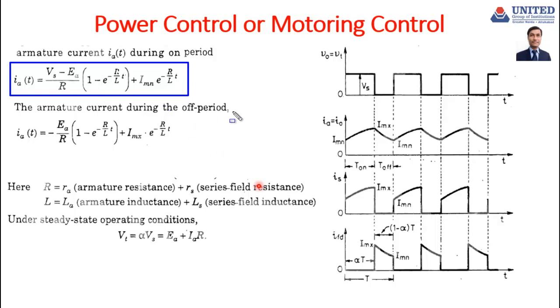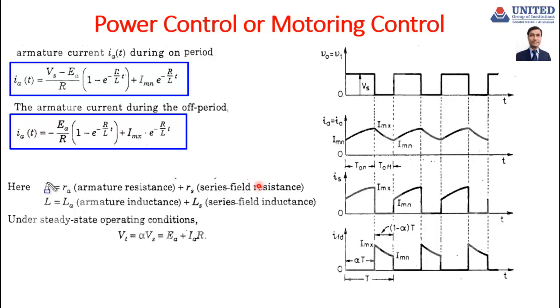And during the off period, the armature current will be minus of Ea upon R into 1 minus e to the power minus R by L into T plus I max into e to the power minus R by L into T. This equation can be obtained from this waveform by applying KVL during the turn on and turn off period in the circuit.